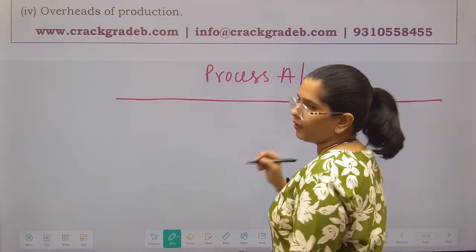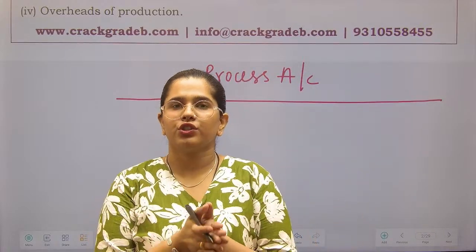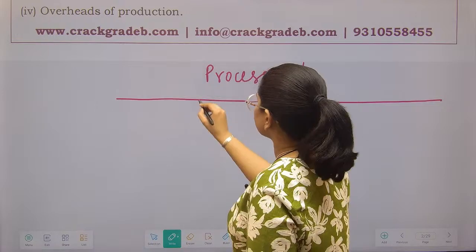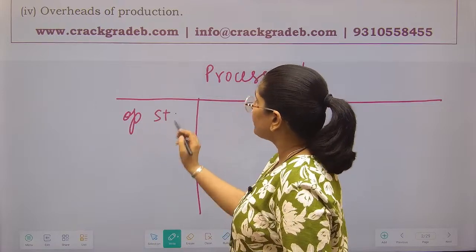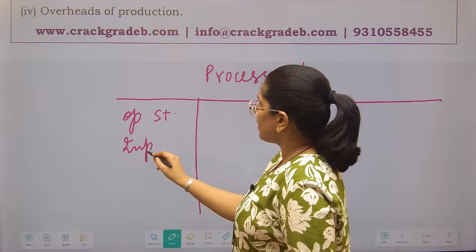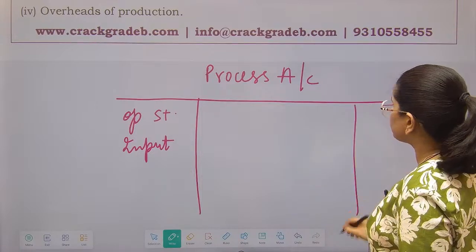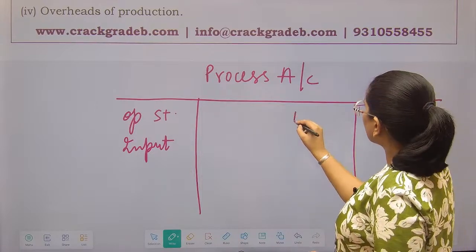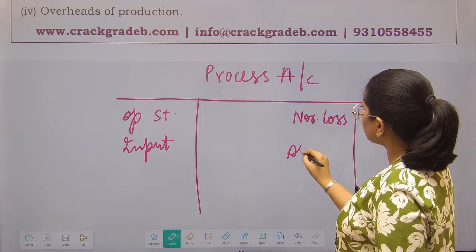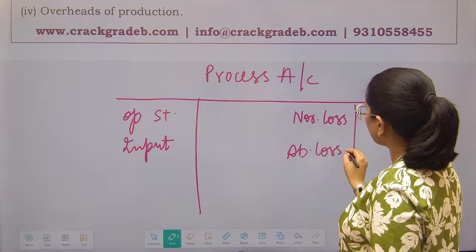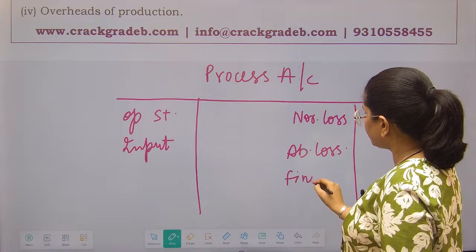In process account, we always tend to talk about what is your input, what is your opening stock, right? In this side, you write what are the opening stock if you might have any, what is the input units that you have inserted into the process, right? And this side is reserved for your normal loss, abnormal loss that you represent. Apart from that, what is your finished units?